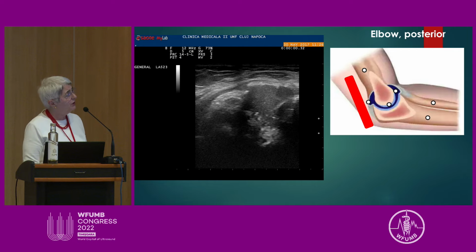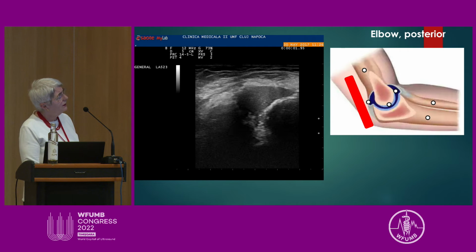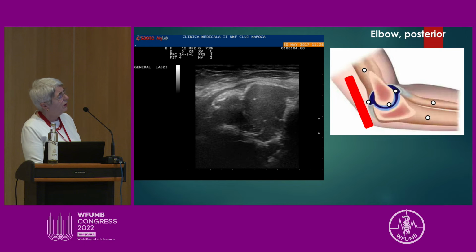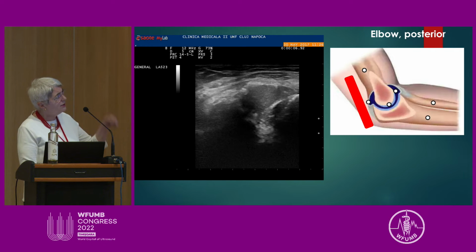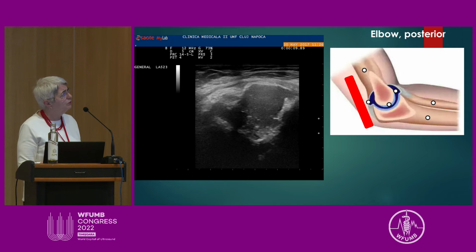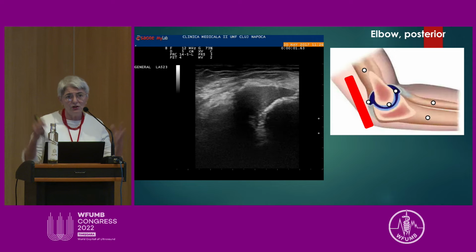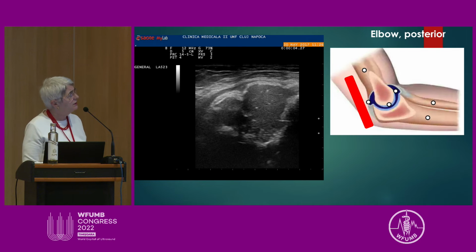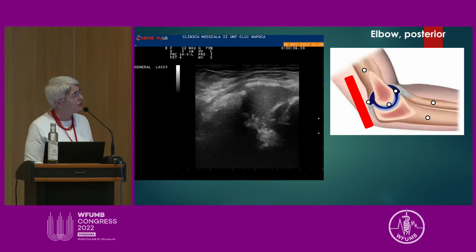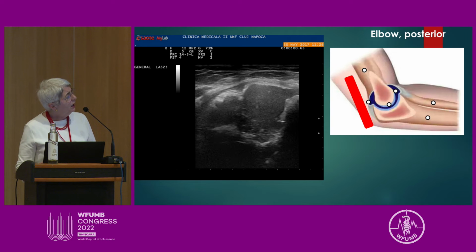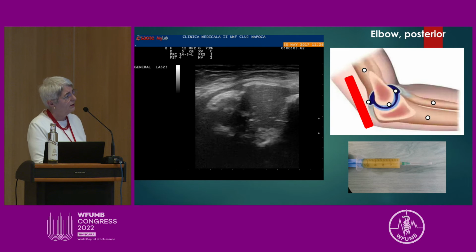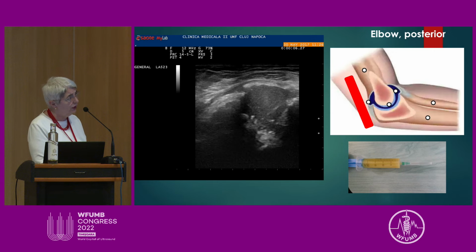In this case, the patient came with important pain and a swollen elbow. I made an ultrasound, the same, this homogeneous fluid, also hyperechoic spots. I pressed with the transducer, but not much movement inside the joint, and this was related to the high pressure of the collection in this joint. This is, in fact, the posterior recess of the elbow. I put a needle inside and look at the fluid.